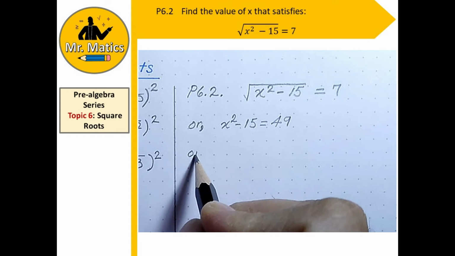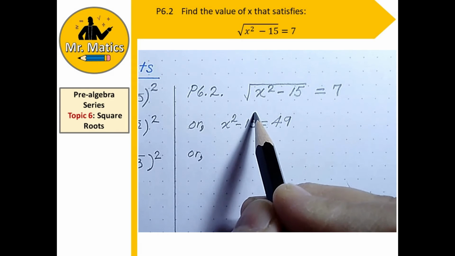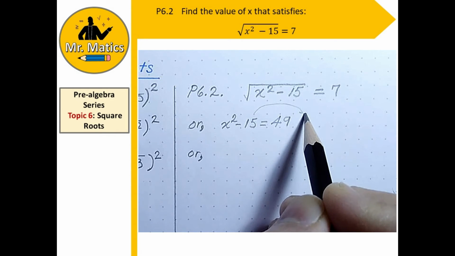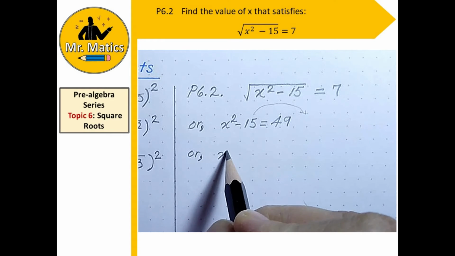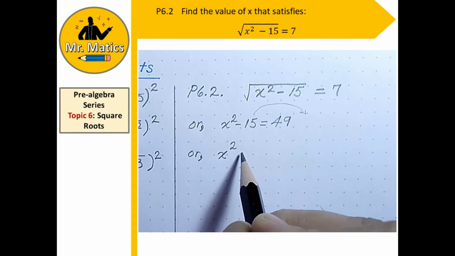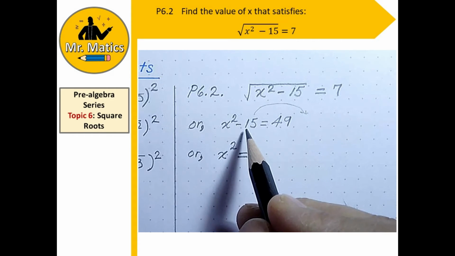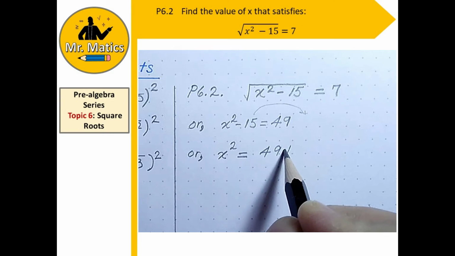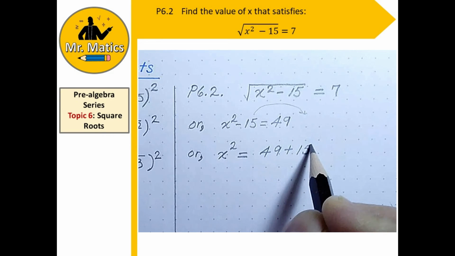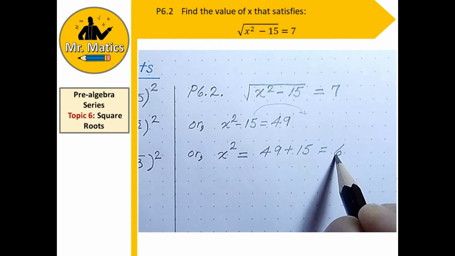Or take this 15 to the other side. X square equals 49 plus 15 equals 64.